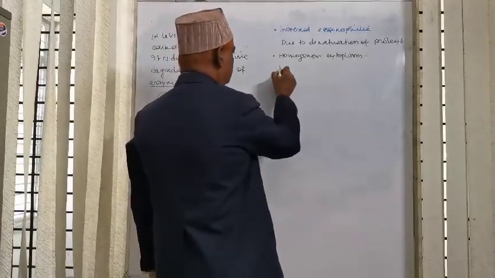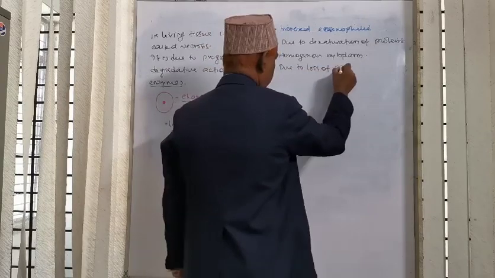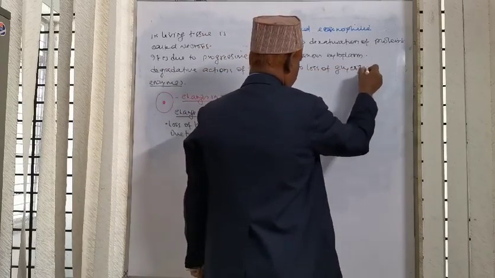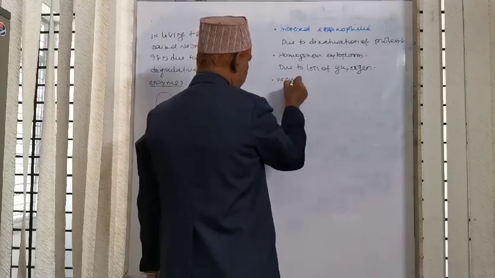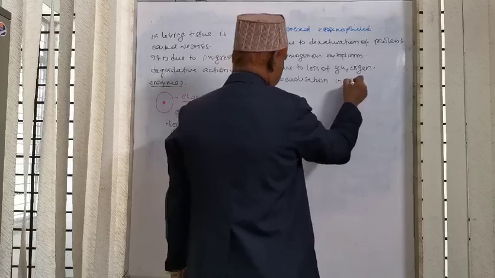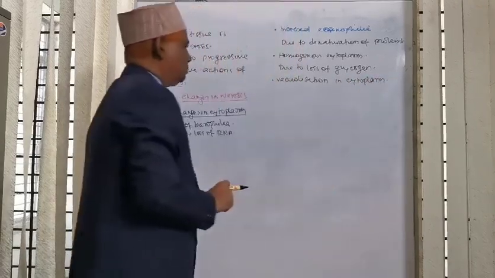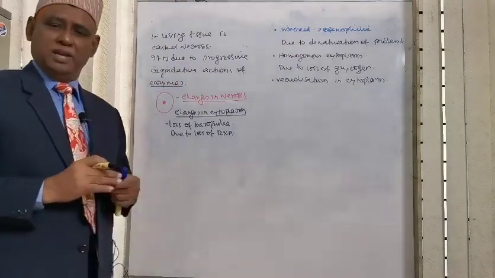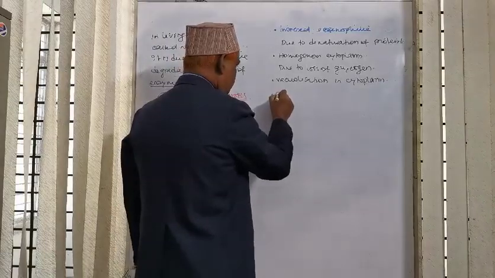It is due to loss of glycogen. Then vacuolization in cytoplasm. Cytoplasm will show extensive vacuolization in necrosis, later on a moth-eaten appearance.